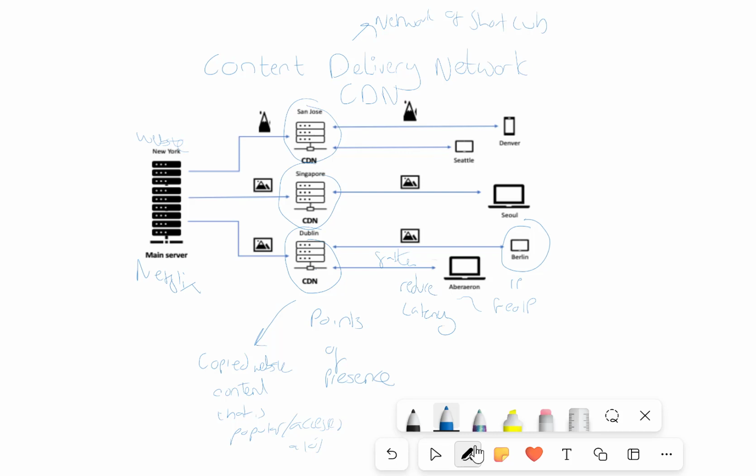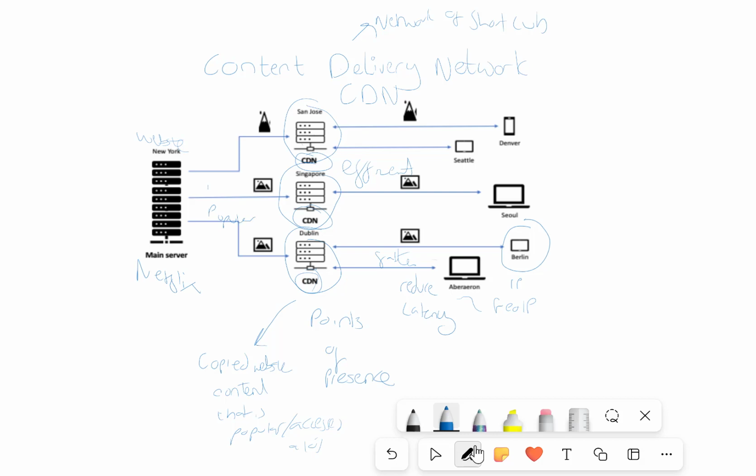To make things at the top level, in terms of efficiency, CDNs, such as this, they monitor what's popular on the main server. So they keep checking what's popular at the moment.